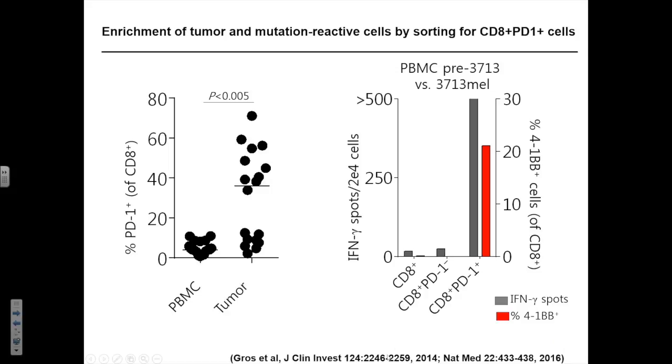Well, Elena Gross, a postdoctoral fellow in the lab, hypothesized that perhaps there were markers of antigen-reactive cells, and the one that we looked at is a molecule called PD-1, programmed death molecule 1.